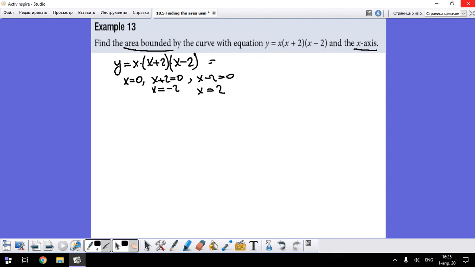And let's open this parenthesis. It will be x multiplied by x squared minus 4, and if you multiply by x inside the parenthesis using the distributive property, there should be x cubed minus 4x. So let's draw the graph of this function.